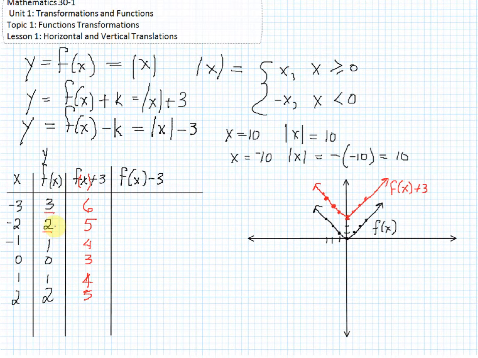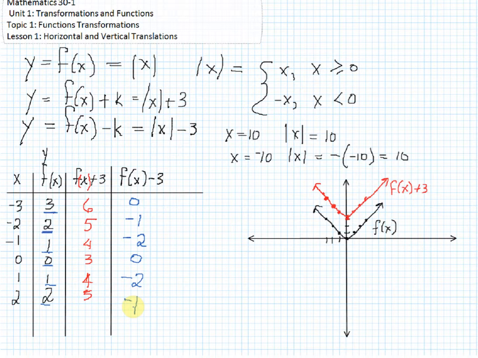We have 3, and if I subtract 3 from that, I get 0. Take my 2, subtract 3 from it, I get -1. Take my 1, subtract 3, get -2. 0 subtract 3 is -3, and 1 subtract 3 is -2. 2 subtract 3 gives us -1.